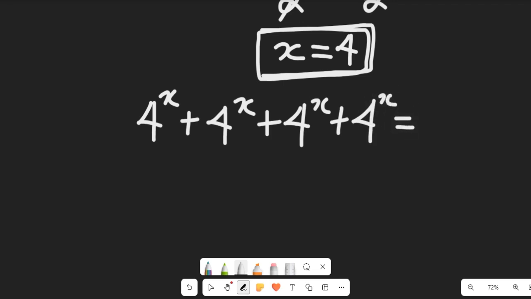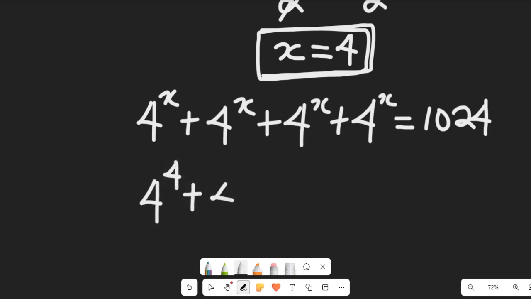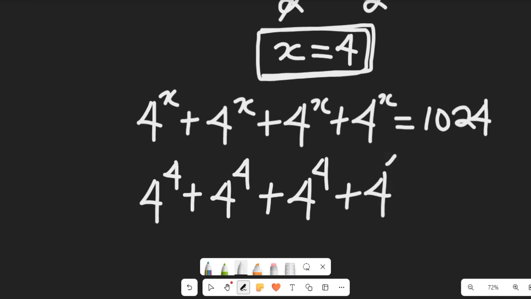Will it be equal to 1024? Now I want you to look at this. With x equal to 4, we'll have 4 to the power of 4 plus 4 to the power of 4 plus 4 to the power of 4 plus 4 to the power of 4.